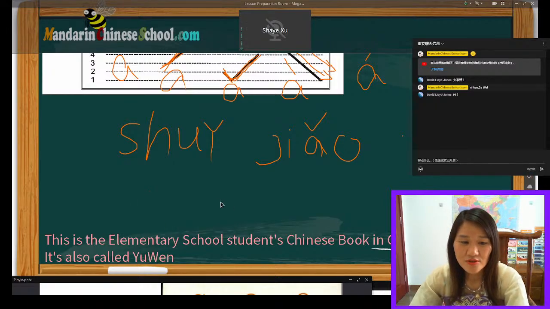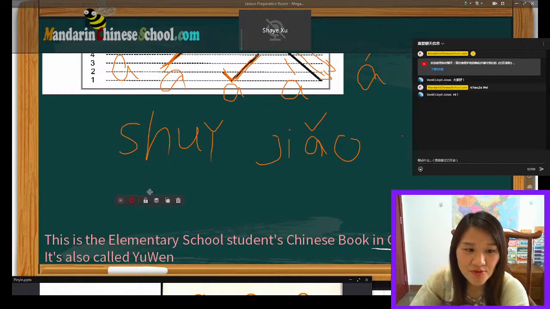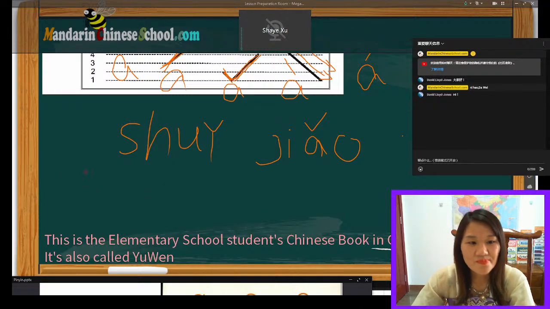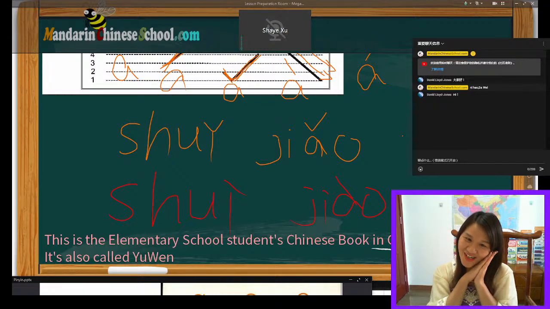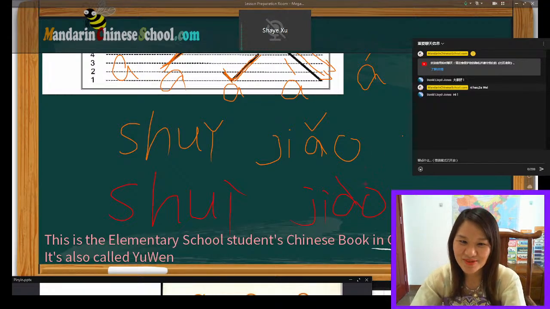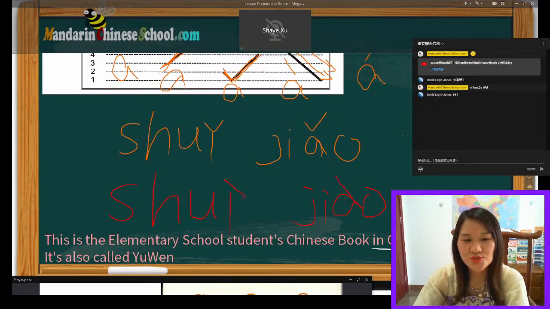But if you say the wrong tone, if you are not careful with the tones, if you say 睡觉, for example, not 水饺, do you know 睡觉? 睡觉 means to sleep, go to bed.